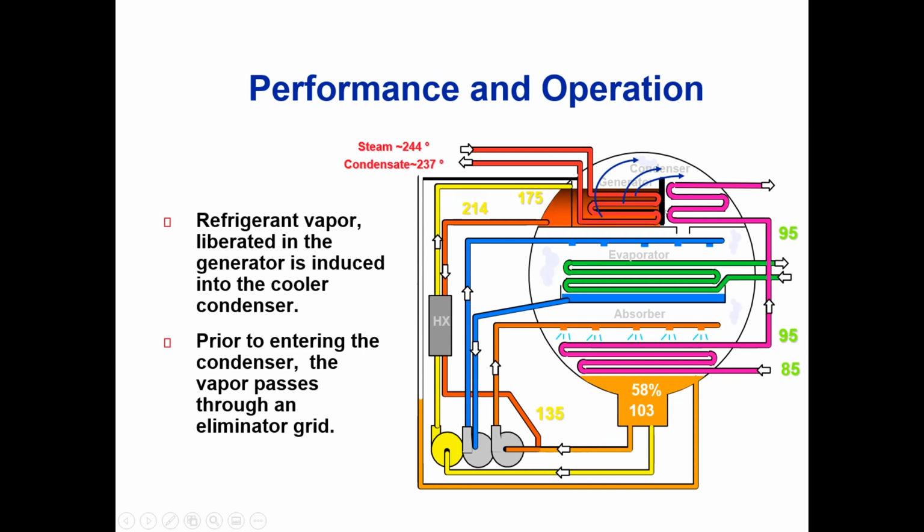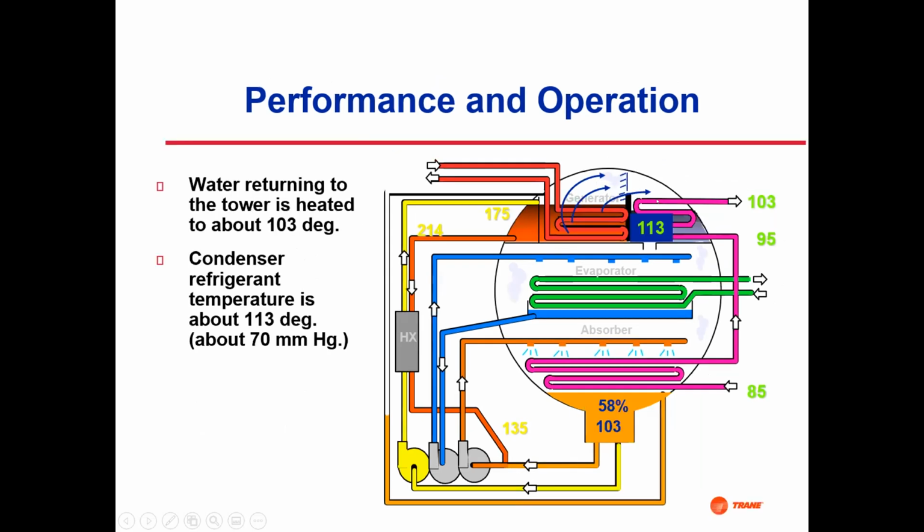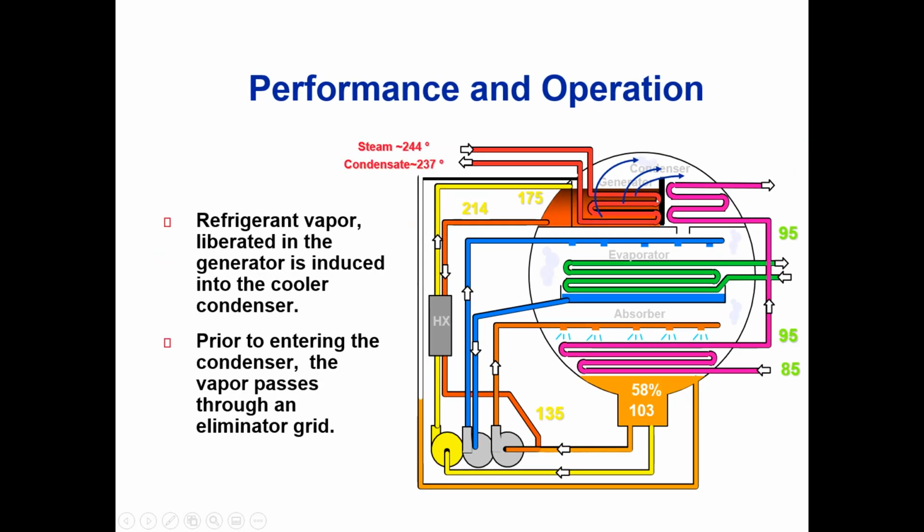Then it pools up at the bottom of the condenser. I think we've got individual slides for these. Anyway, this is called the generator, because we put the heat to it and we generate the refrigerant vapor that then moves over to the condenser.